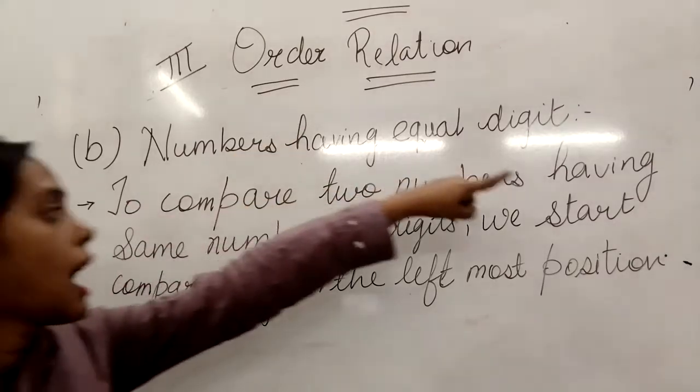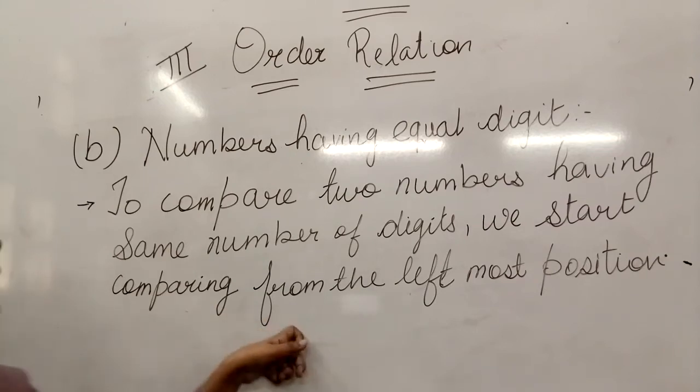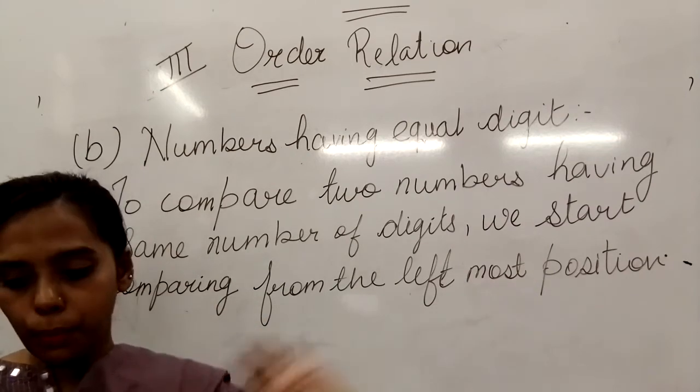To compare two numbers having the same number of digits, we start comparing from the leftmost position.